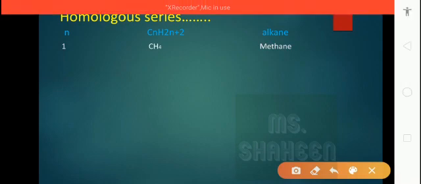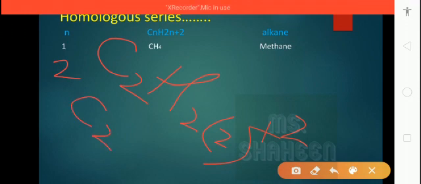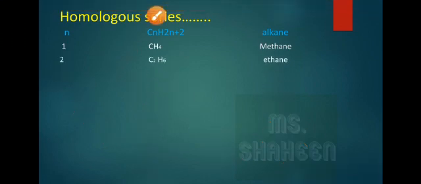Now, students, if we have 2 carbon atoms, the molecule containing 2 carbon atoms, by putting the value 2 in the above formula, 2n+2, the formula of the next member, in which the carbon is 2, will be C2H6, which is known as ethane.